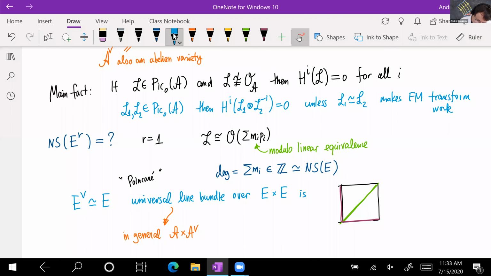So this is O of the diagonal minus E cross 0, just write 0 without minus 0 cross E.